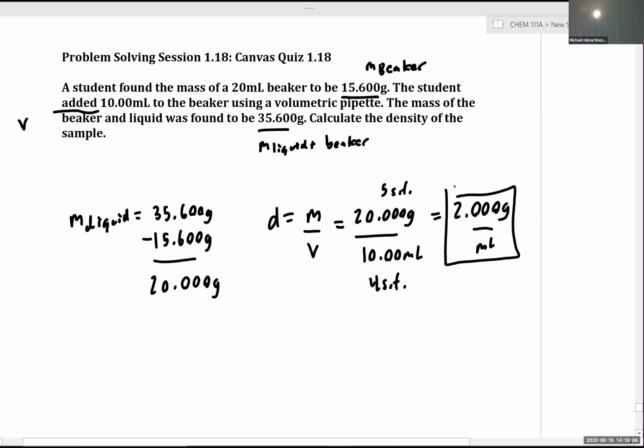Does this make sense to everyone? Any questions on this example? Yeah, I'm getting confused with the sig figs because when I divided it, it was just 2. So how does that work with the 4 sig figs? So even though you get 2 out in your calculator, there are still trailing zeros after the decimal point.